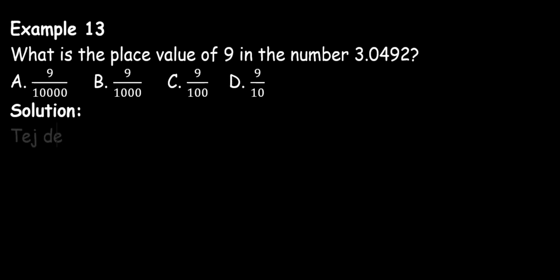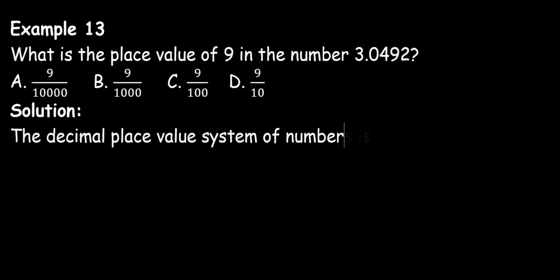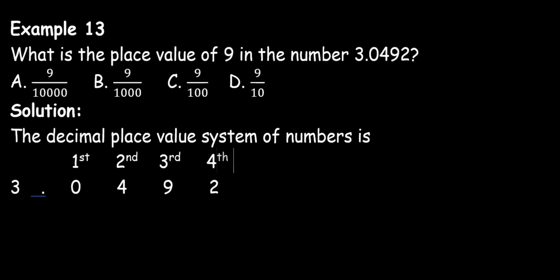Let us arrange this number and begin to get them out: 3.0492. After the decimal point, the first decimal place is on top of 0, the second is on top of 4, the third is on top of 9, and the fourth is on top of 2.